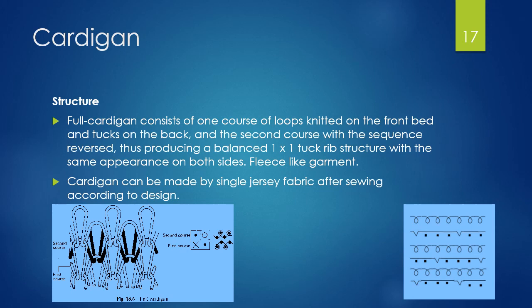But if we want to make a cardigan with different texture designs, we use double bed flat knitting machines for textured looks and textured designs, because the second bed is used mostly for designing of the fabric.